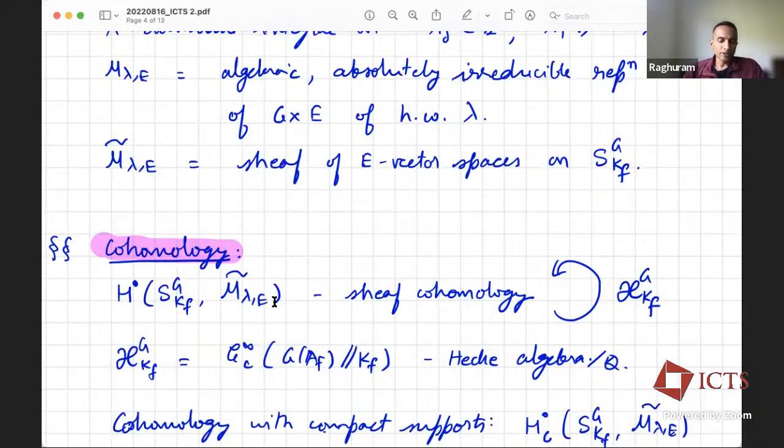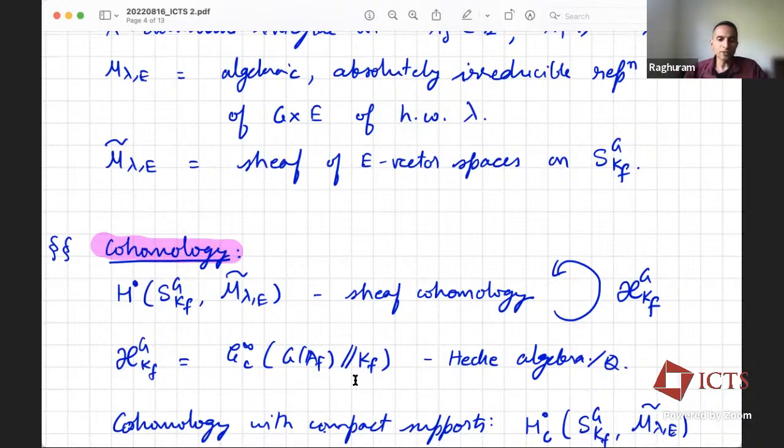Now you have to remember, there's not just an E vector space, but there is an action of a Hecke algebra. All these cohomology groups are going to be Hecke modules. The Hecke algebra is, I work with smooth, that is locally constant, compactly supported K_F-invariant functions. I can take Q valued, you have to worry about the choice of measure.